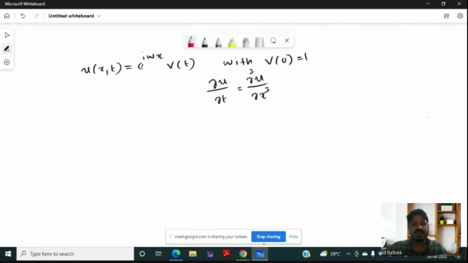Solve it along with me. So find dou u by dou t. Dou u by dou t is equal to e raised to i omega x v dash of t.